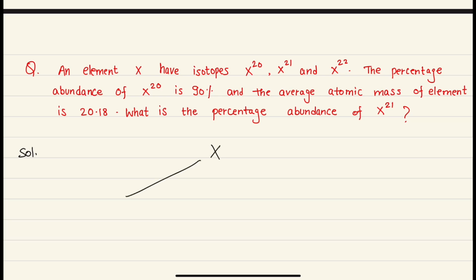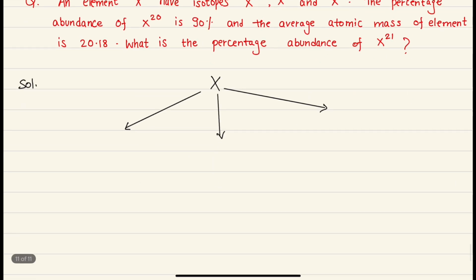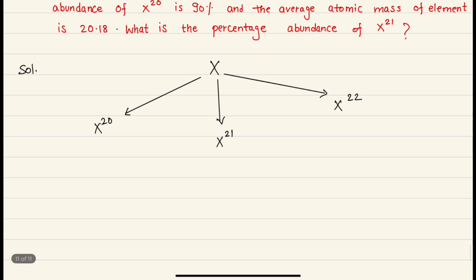We have some element X and this X has 3 isotopes, right? First is X20, second is X21 and third is X22, right? And the percentage of this isotope is given here, 90%, okay, 90%, and this isotope we don't know, right?